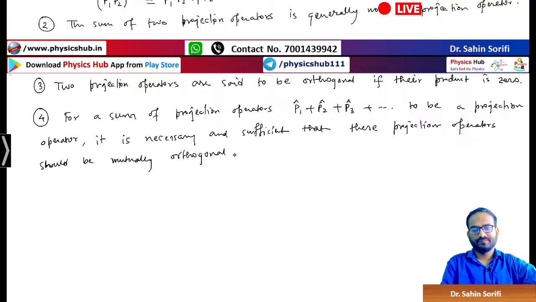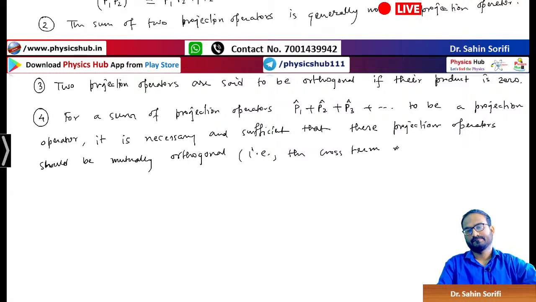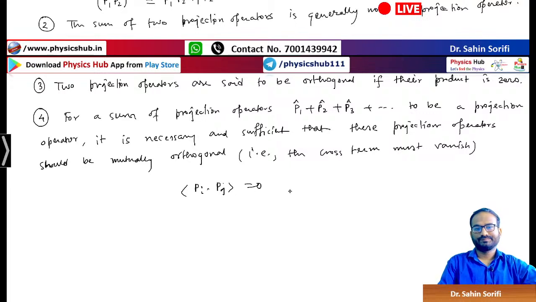What does it mean? That is, the cross term must vanish. So you can imagine it this way: PiPj equals 0, for i not equal to j.